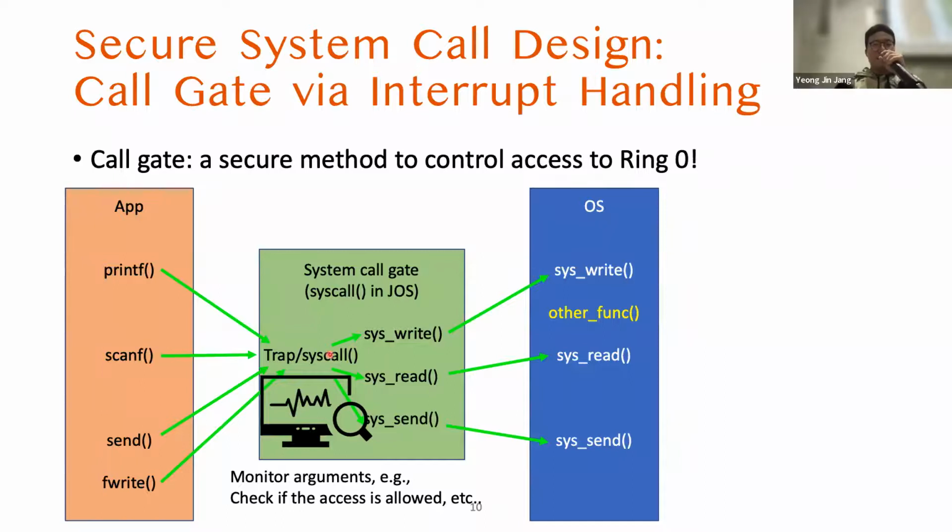And then before returning back to the application, we have the trap frame of the application. And in the trap frame, we store all the registers, right? And then we update the ring 3 EAX stored in the trap frame to the value that we got from here.